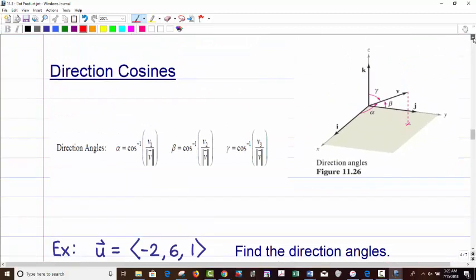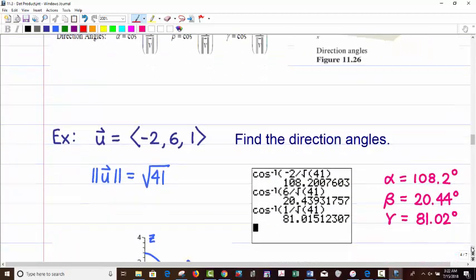The terminology behind this, the name, is direction cosine, but you can see what we want are the actual direction angles. So here's a vector, -2, 6, and 1. We're going to find each of the direction values. The magnitude is the square root of 41.